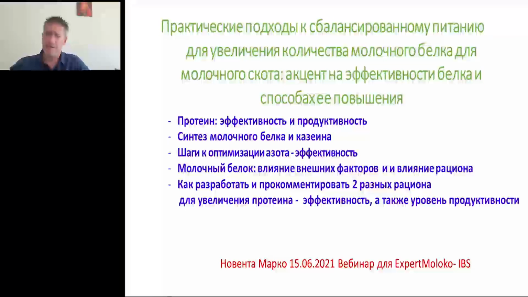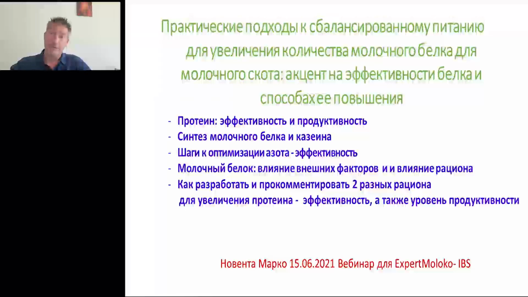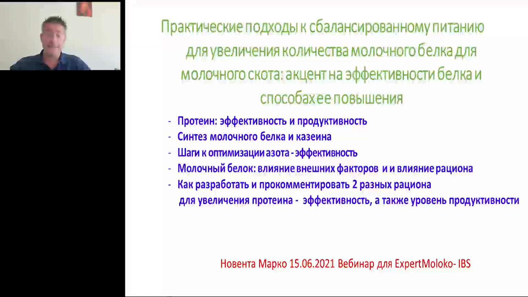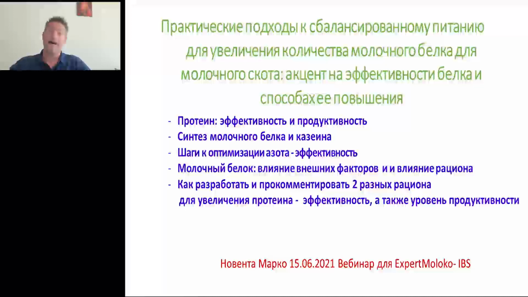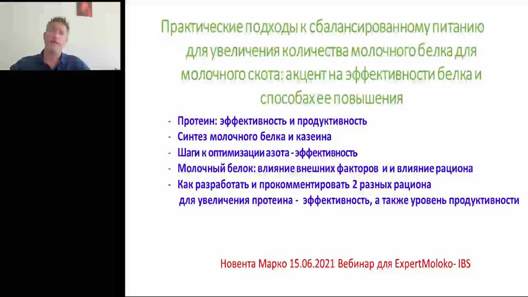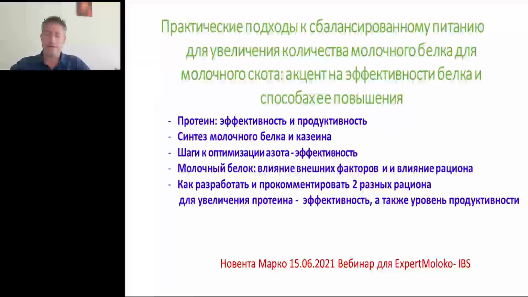Protein efficiency for the first topic, then we will consider the correlation between milk protein and casein, and after, which are the steps to optimize the nitrogen efficiency. The following will be the main factors, external and from the diet, which affect the milk protein content in the milk.